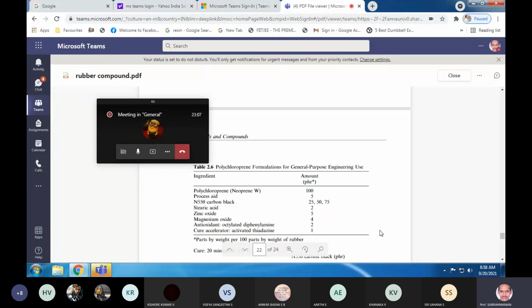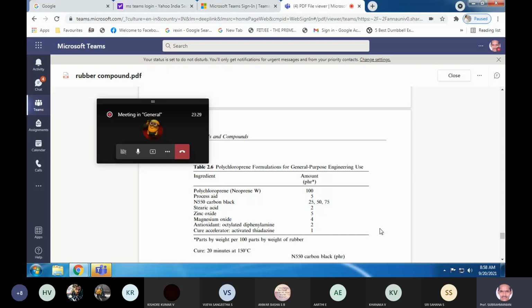So anyway, I will take you to another page to describe what marching modulus means. Let us complete this chloroprene discussion. So in this test recipe, 550 is often the SRF.